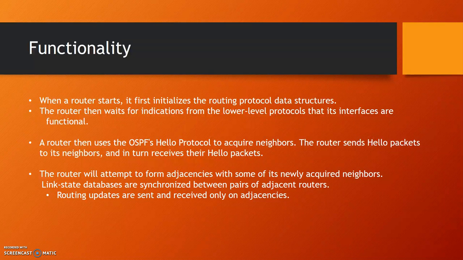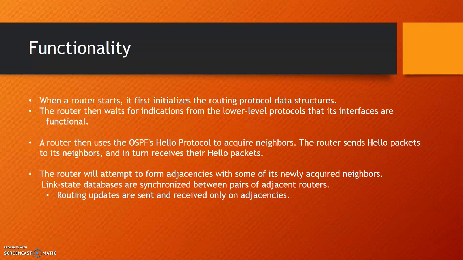So to summarize everything, this is OSPF in a nutshell. When a router starts, it first initializes the routing protocol data structures. The router then waits for indication from lower level protocols that its interfaces are functional. A router then uses OSPF's hello protocol to acquire neighbors.